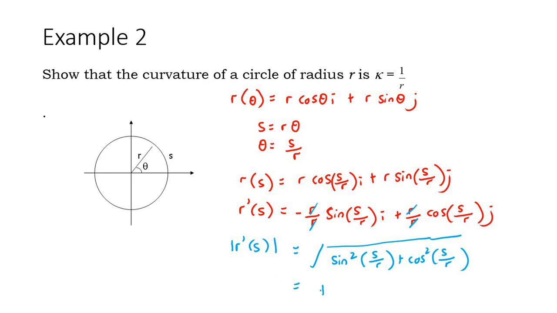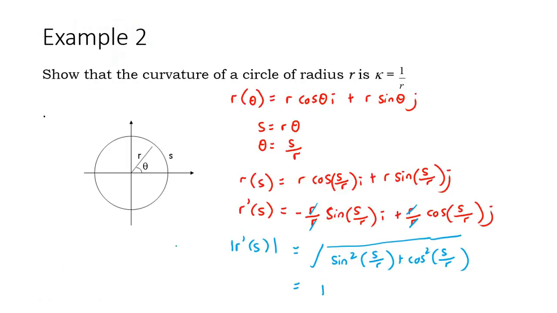We get the magnitude of r prime s equal to 1. Then the next step is to find T of s, which is r prime s divided by the magnitude of r prime s.